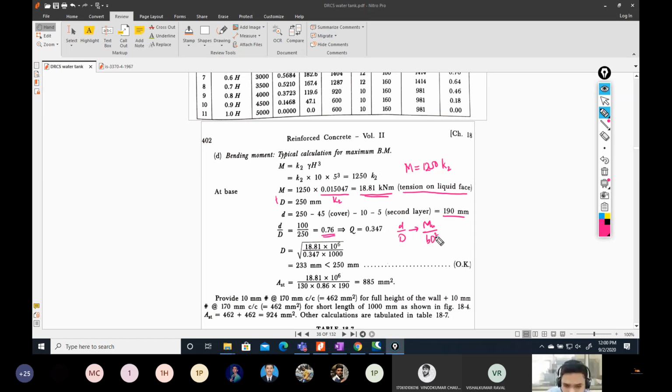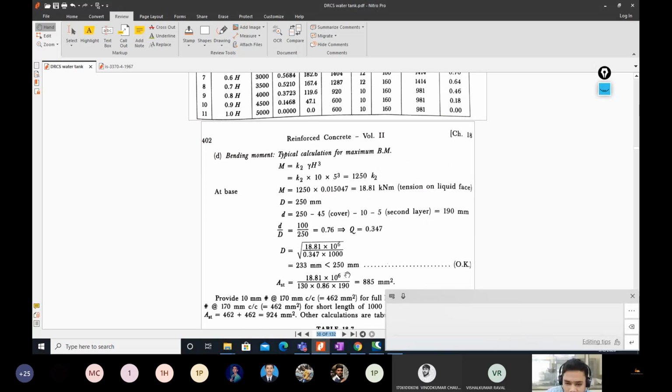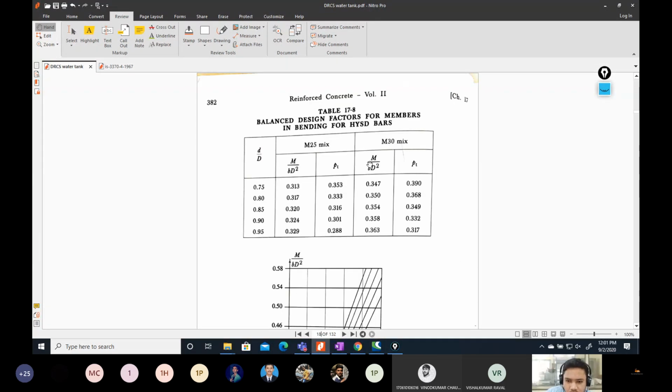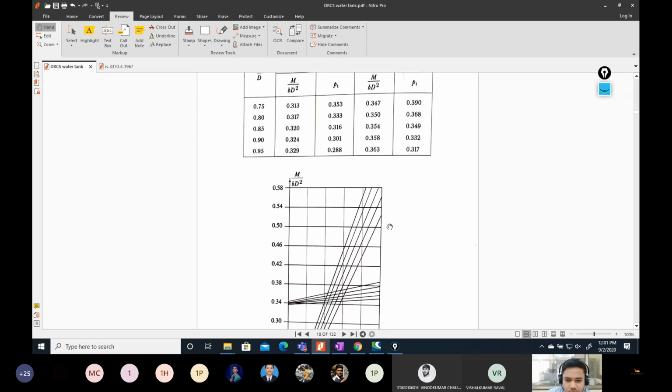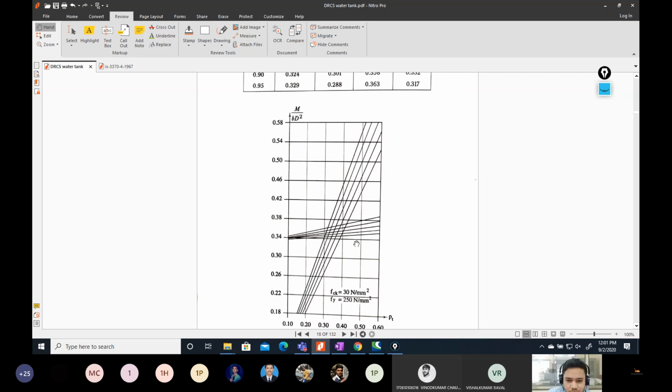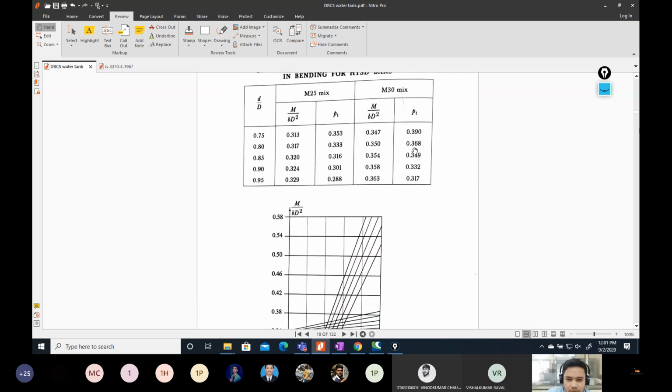If you remember in the earlier example, for M30 grade, for different d by D ratio, we have the values of M upon bd square. For M25 and M30, this table is produced from the charts of the balanced solution. We have discussed this in the earlier lecture also. So this was the chart, and from these charts, these values are produced.